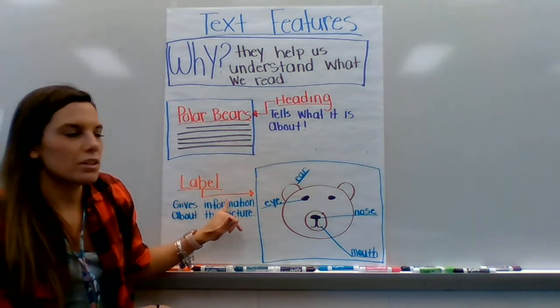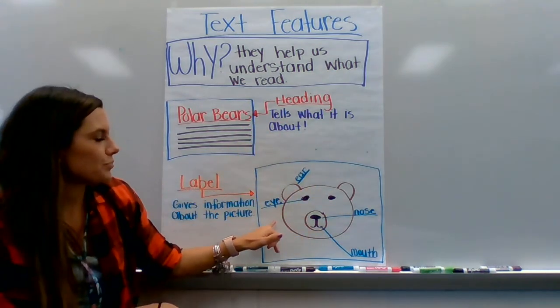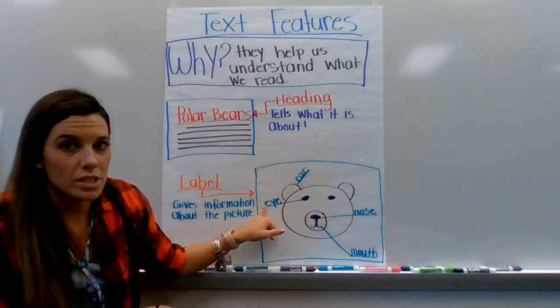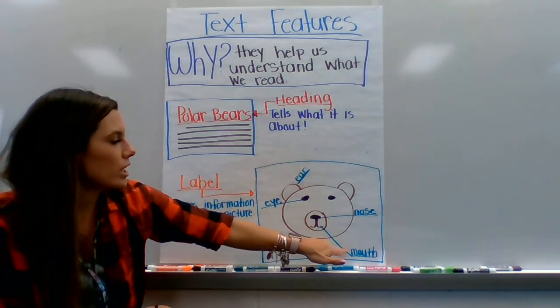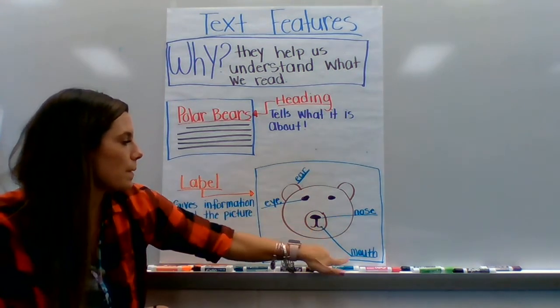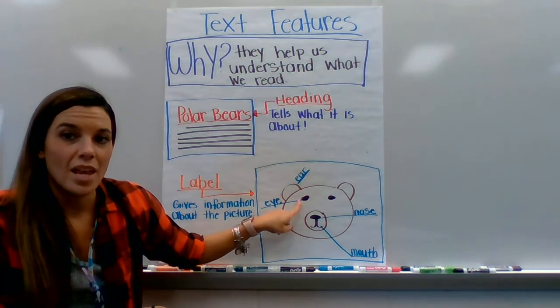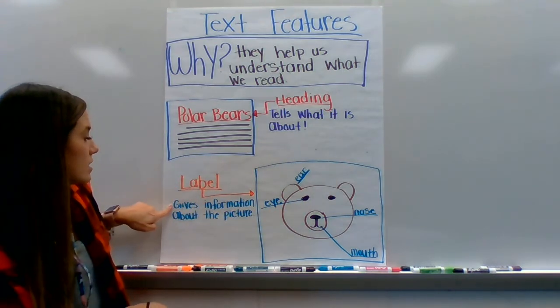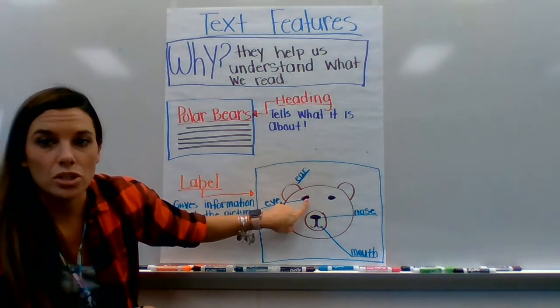Then I want you to look down here. I drew a picture of a bear, and these are called labels. These labels are coming off of each part of the bear. The ear, the nose, the mouth, the eye. Labels are important because a label gives us information about the picture.